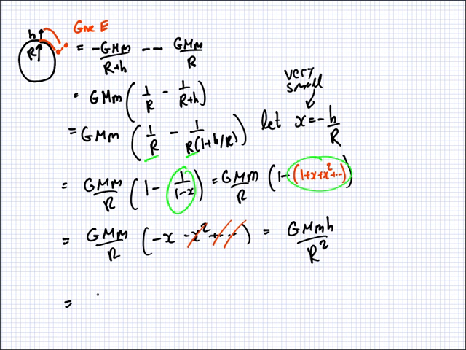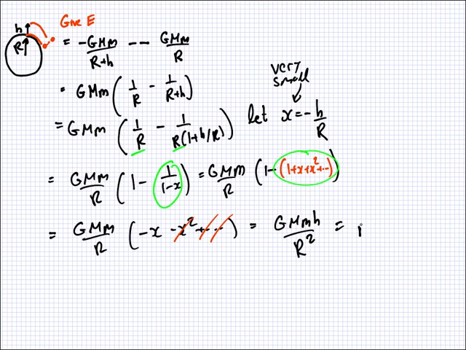That's equal to m times GM over R squared times H. What's GM over R squared? It's g.